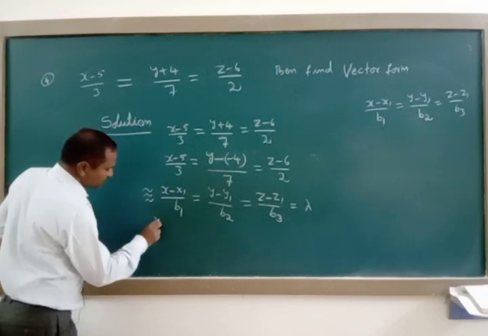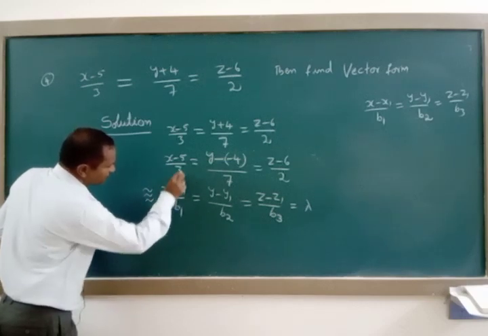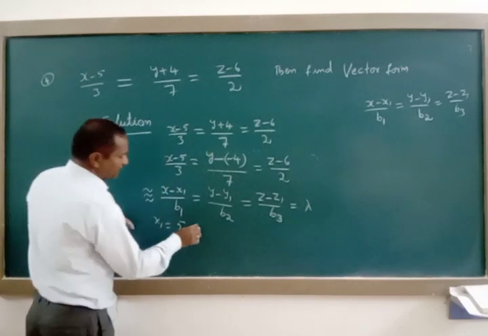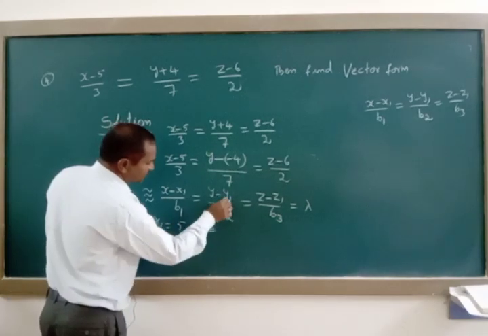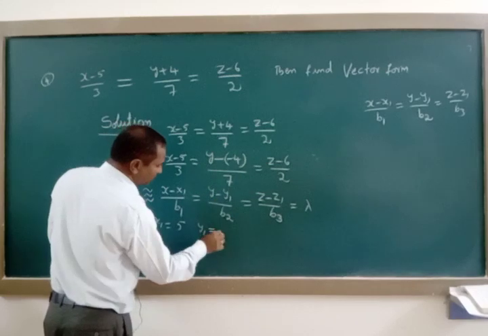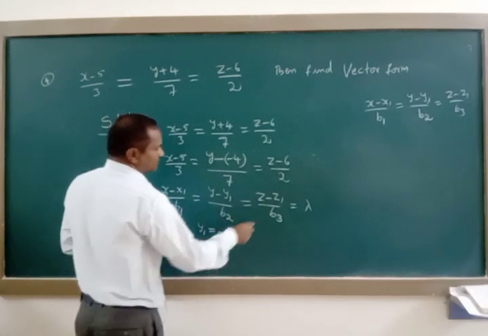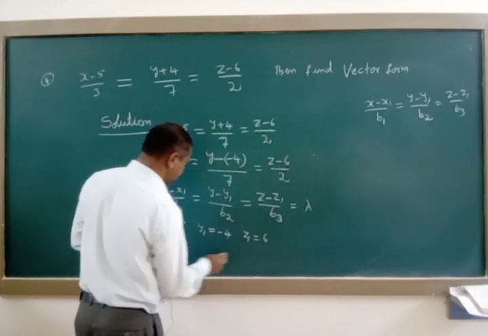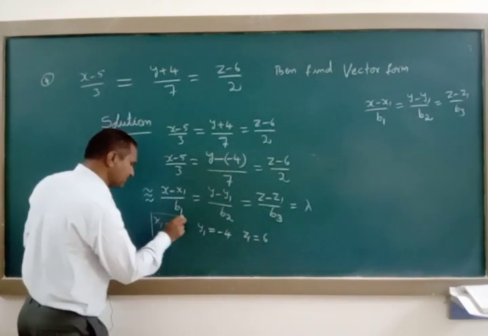x1 value is plus 5 here. y1 value, corresponding to the y1 place, is minus 4. z1 value is plus 6. We collected all these three here.